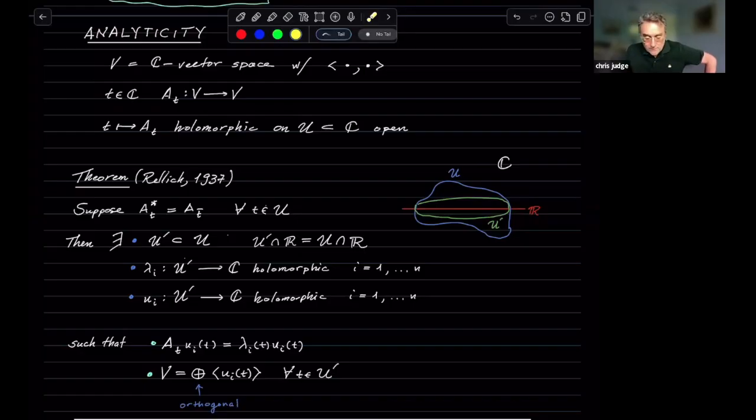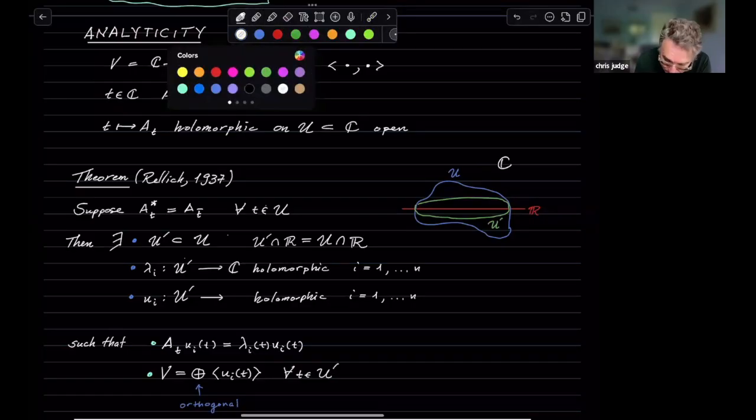They agree on the real numbers, and you can find holomorphic lambdas and holomorphic u's. So those are my eigenfunctions.